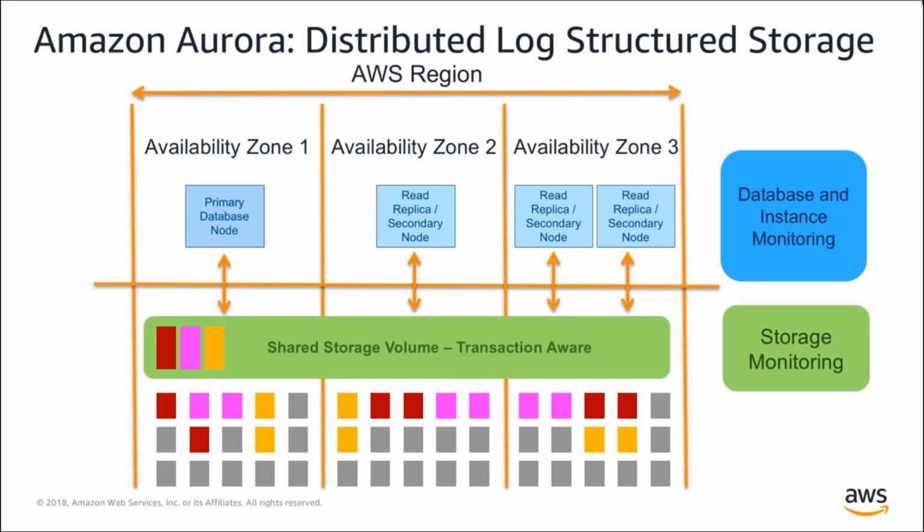So the way Aurora storage works, it is a distributed log-structured database file system, which means when you issue a write to Aurora storage, it is written to 6 locations distributed in 3 availability zones.